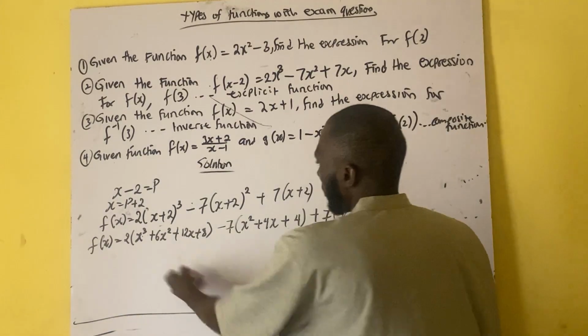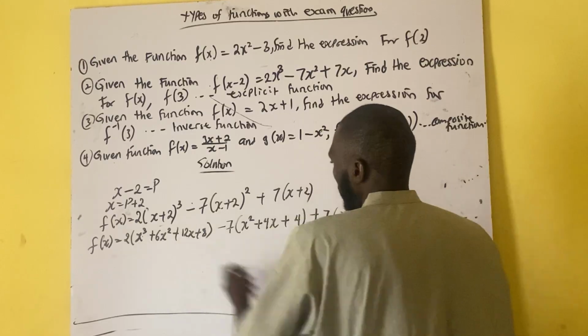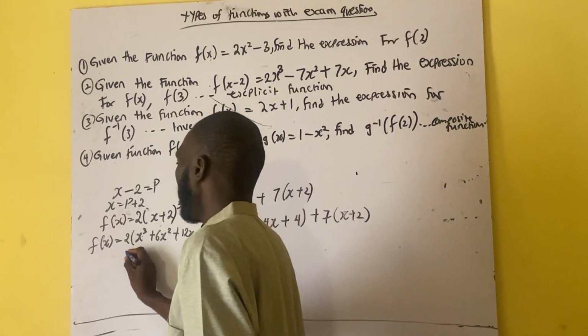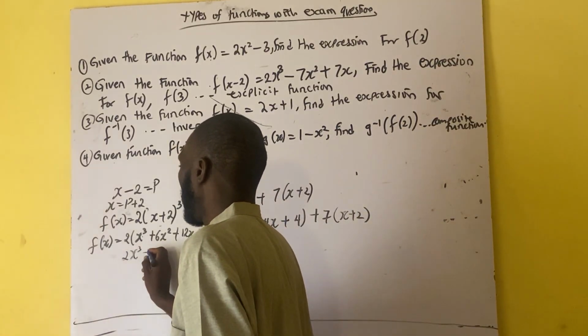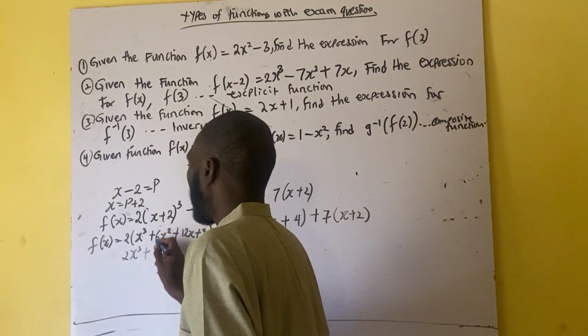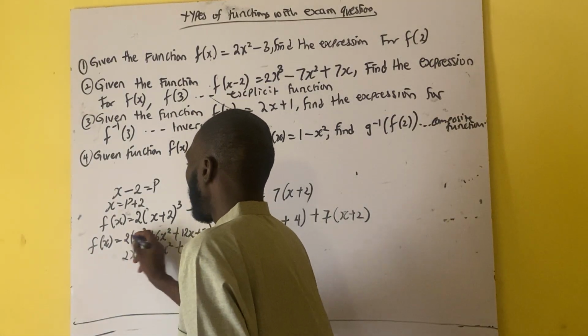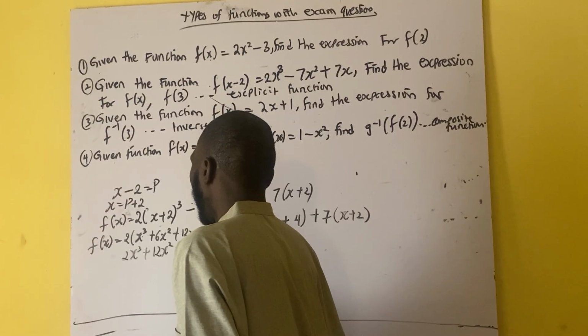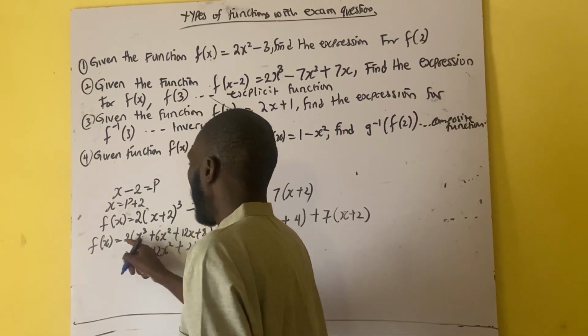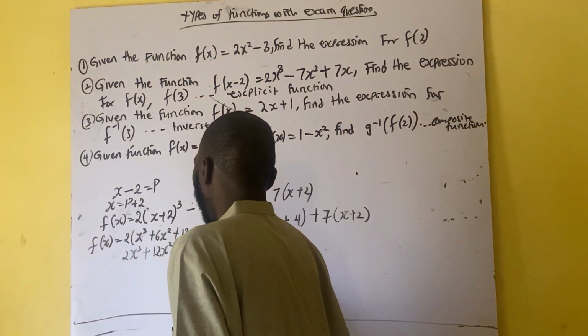So after doing this, now I can multiply this by what is outside here. So what I have here is that I have 2x cubed plus 2 times 6, 12x square plus 2 times 12, 24x plus 8 times 2, 16.